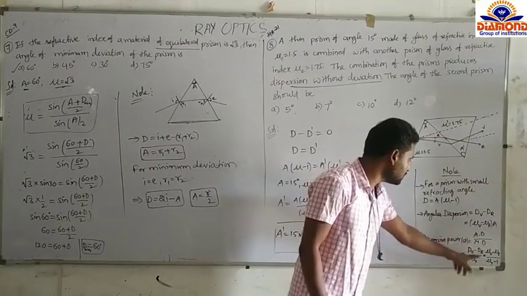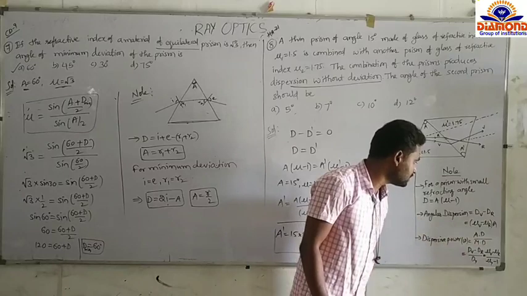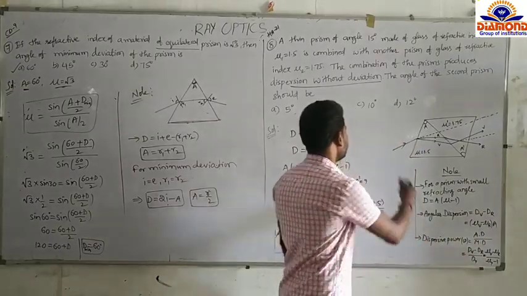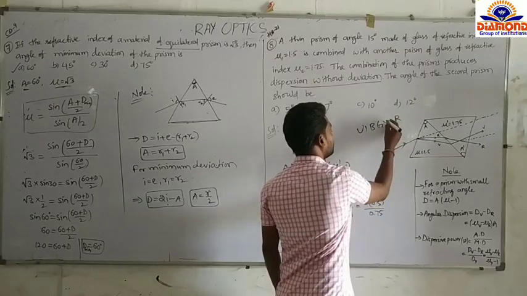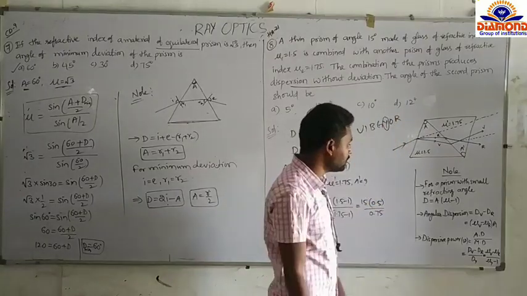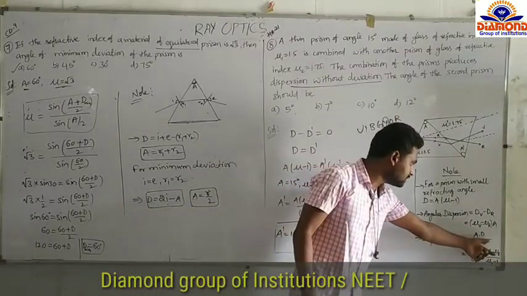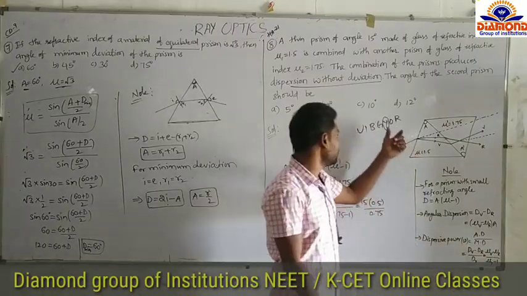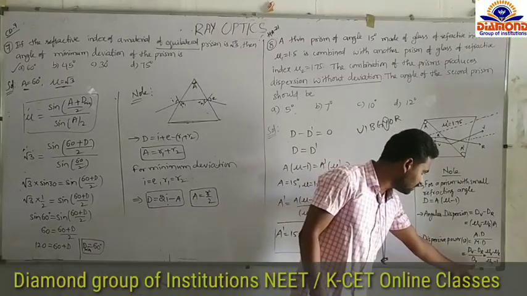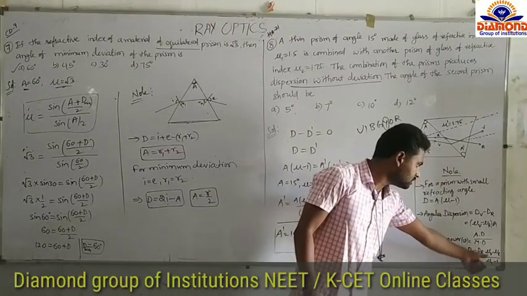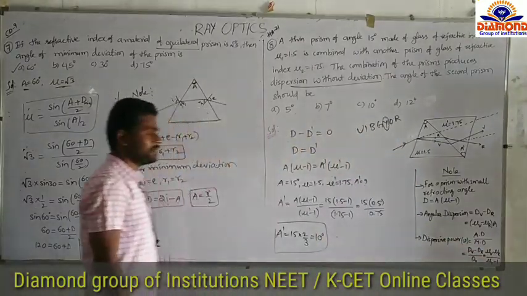Angular dispersion is d_V minus d_R, and the mean deviation is d_Y, because we consider the yellow color as the mean color. So this is the formula you have to remember.